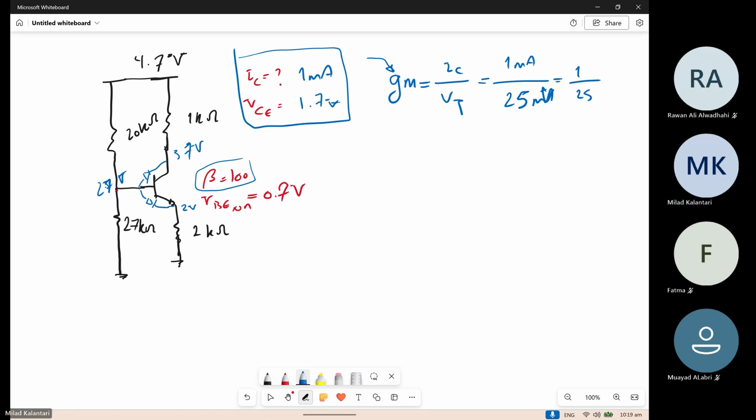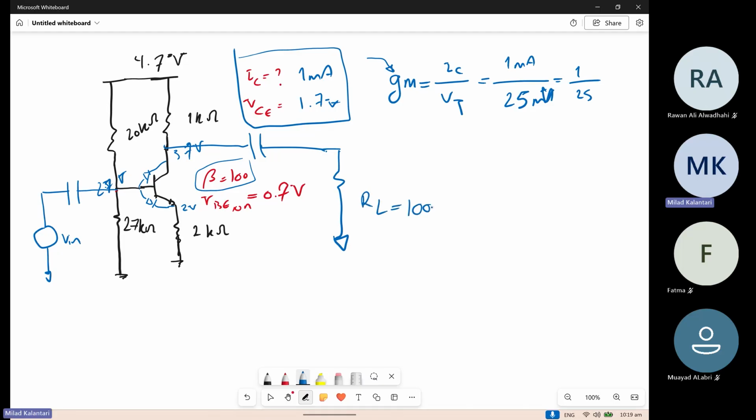Then if we make some amplifier using this, let's put some DC block capacitors, right? We don't want to corrupt the bias. We apply a V in, and we have some load resistor, let's say the load resistor is 100 kilo ohm, and here is the V out.